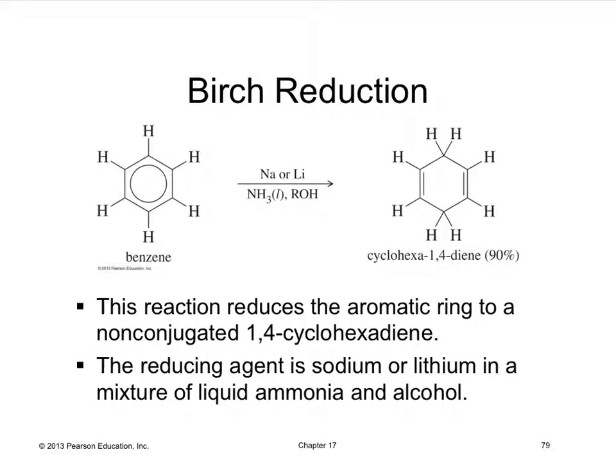Birch reduction: in the presence of sodium or lithium, ammonia, and alcohol, this will take the aromatic ring and generate the 1,4-cyclohexadiene in about 90% yield.